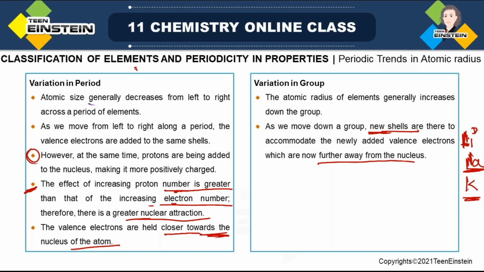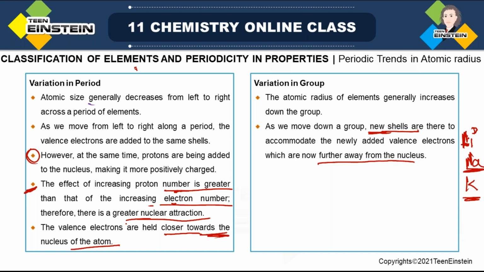So that is the reason when you are moving down, because of these extra added shells, there will be increase in size. Now you can also say that when you are moving down, atomic number is obviously increasing. For lithium it is 3, for sodium it is 11. When atomic number is increasing, proton number is also increasing, and there should be greater nuclear attraction, just as you have seen in the previous case, the variation in period. There we saw that the nuclear attraction factor overcomes the other factor.